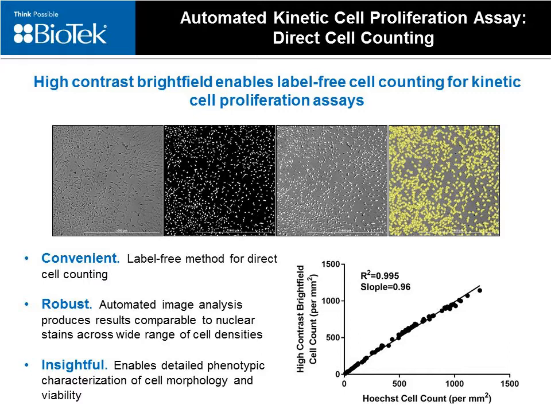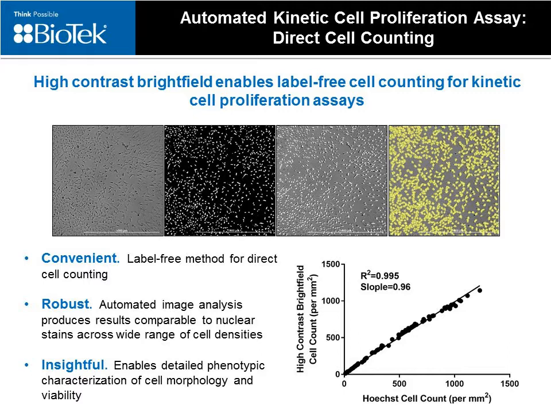This effect is achieved by the dramatic contrast enhancing properties of the high contrast bright field imaging technique. And if we overlay these images as seen in this third image, it demonstrates the effectiveness of this label-free technique, which also enables Gen5 image analysis to conveniently identify and count each cell as illustrated in the image in the far right.